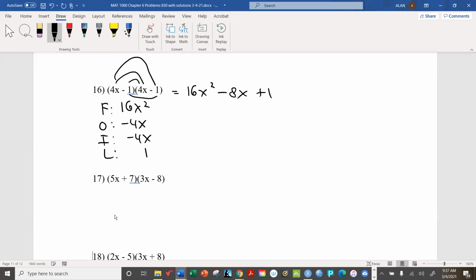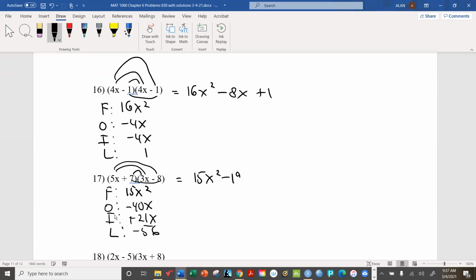So we'll have 15x squared minus 40x plus 21x minus 56. Okay. I think we're all getting the hang of this.